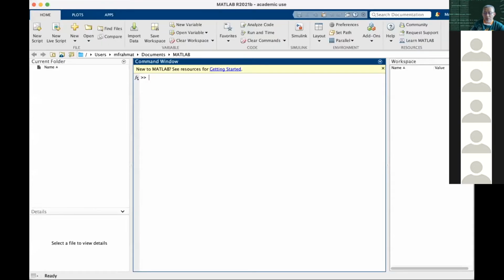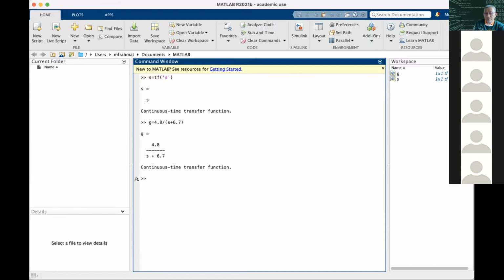First declare S as a Laplace coefficient, tf with brackets. Okay, then G is equal to 4.8 divided by S plus 6.7. Enter. After that, directly plot, plot G in brackets. Plot G. Okay, plot G. It doesn't work.